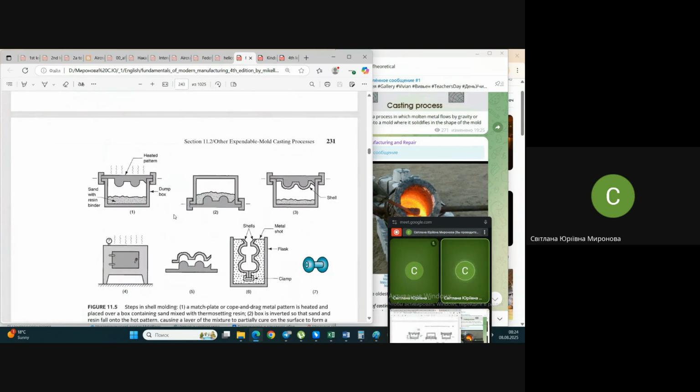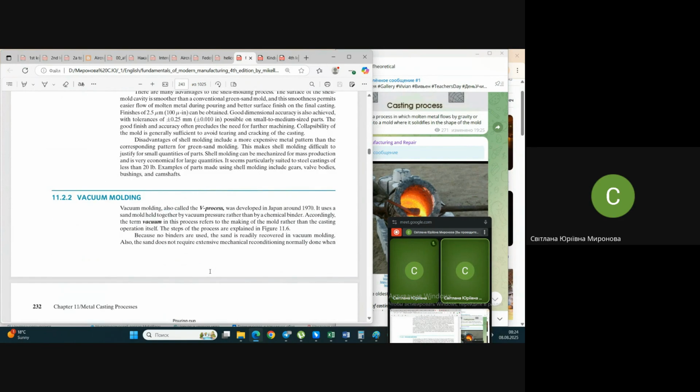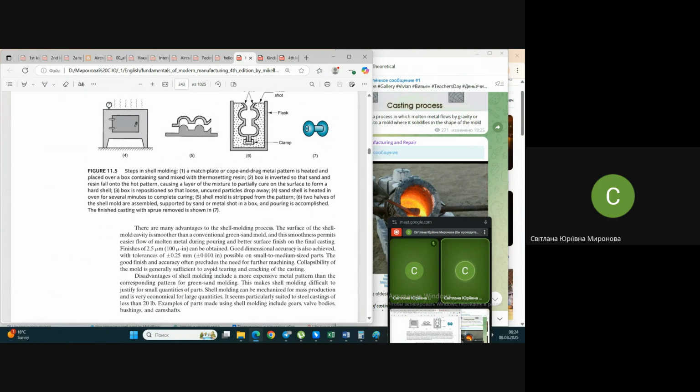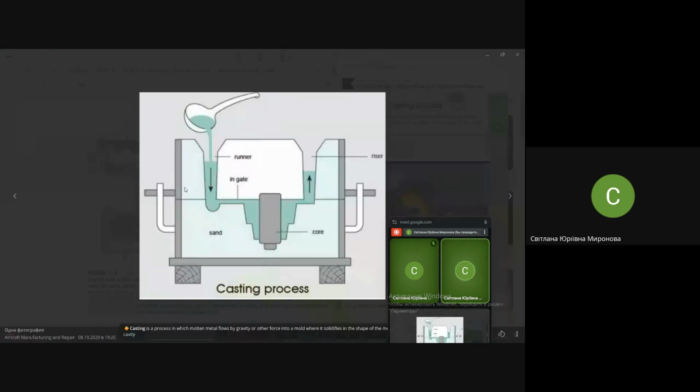Here is also the process of sand mold shape making. And the additional elements in this cast were necessary to remove extra metal, to remove gases.